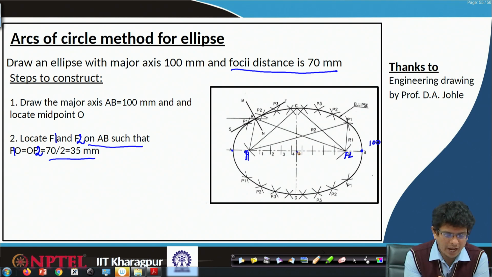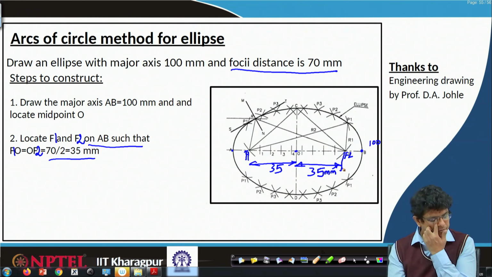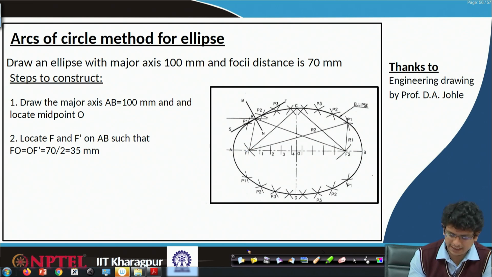That means, we have to mark a division from O. Here this is 35 units and this one also 35 units. Our standard practice is we do not show these dimensions on the drawing. Somewhere outside we have to extend those lines and show it. So, once we locate this focus F1 and focus F2, then we will go with the next step.